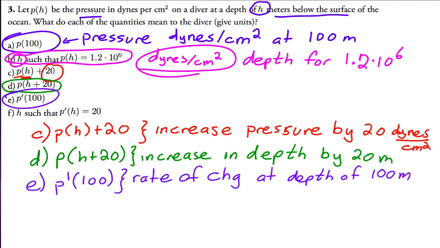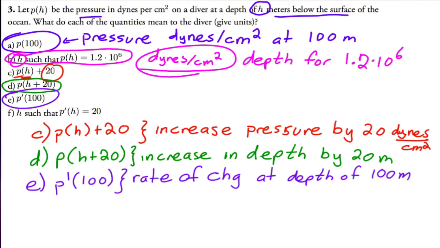Now, how do I know that it's depth of 100 meters and not pressure? Well, 100 is the input of the function, so it's also the input of the derivative. So this 100 represents the depth, just like these inputs represent the depth.